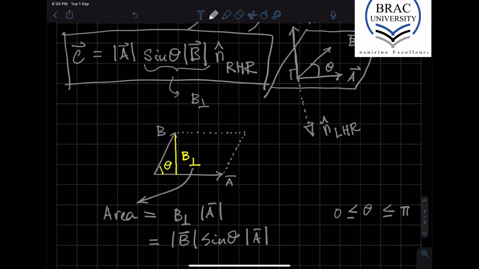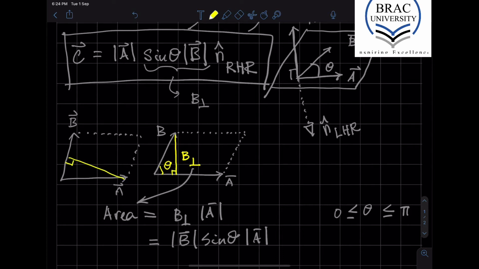This is of course symmetric, because if we take this parallelogram, so this is B, and again this is A, and now suppose that I drop a perpendicular from the tip of A to the vector B. So this is the angle.